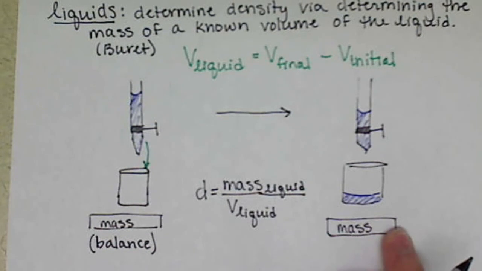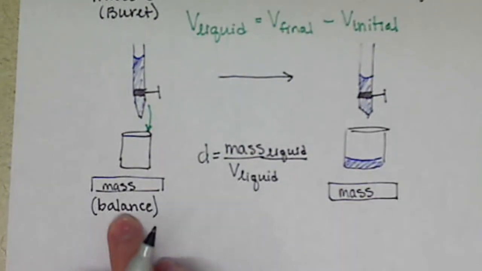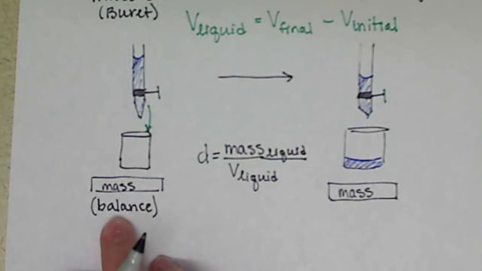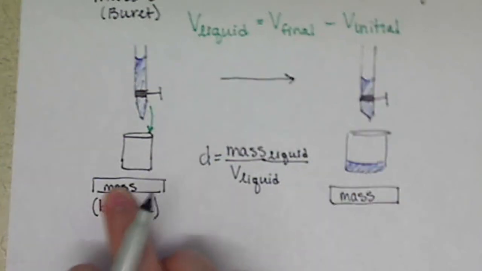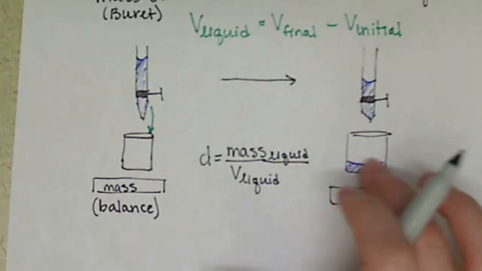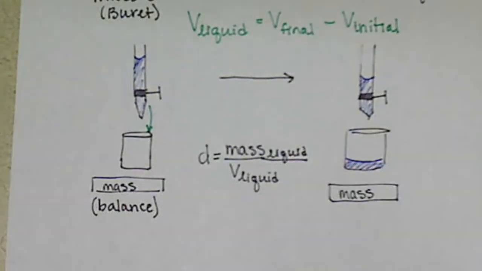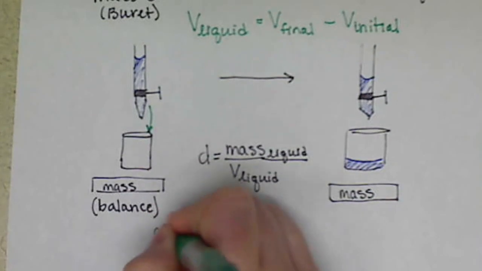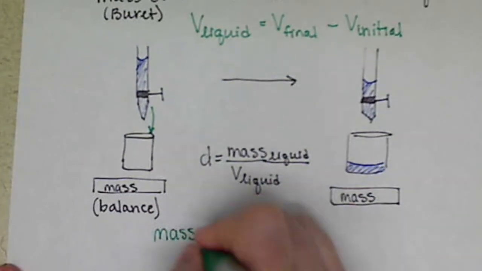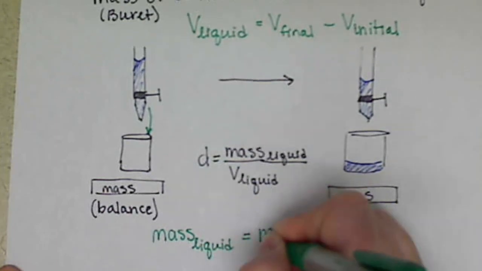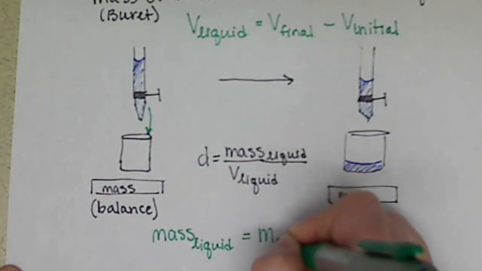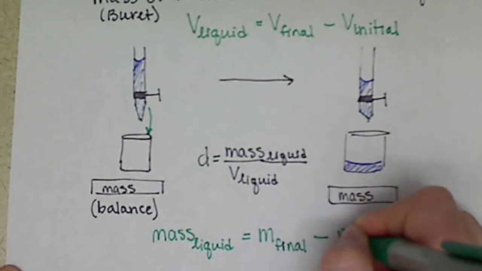Now this mass of the liquid, sometimes, like I said, you can zero out your balance so that initially you're reading a zero mass here. Then whatever mass is added from your liquid, that would be what you read off the balance. Sometimes you may not zero it out, so you may end up having to do another subtraction where the mass of the liquid is going to equal your mass of your final minus the mass of the initial.